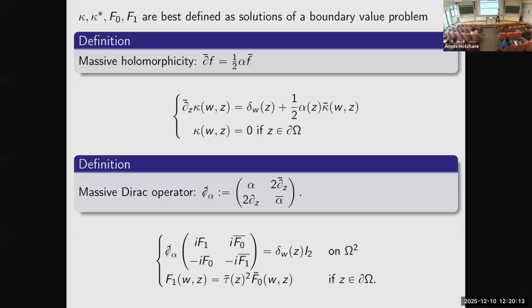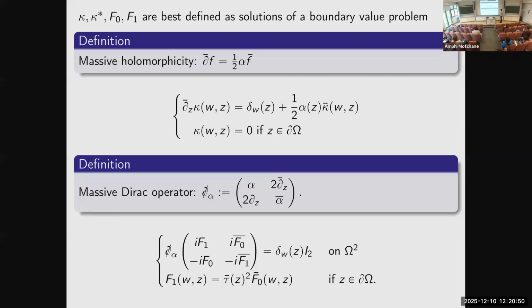And so what is kappa now? Kappa is a massive meromorphic function with a pole at W. As a function of the second variable, it is just this massive meromorphic function with a pole at W and with given boundary conditions. So that's the function kappa. The function kappa star is defined similarly, but I didn't want to put the definition here.